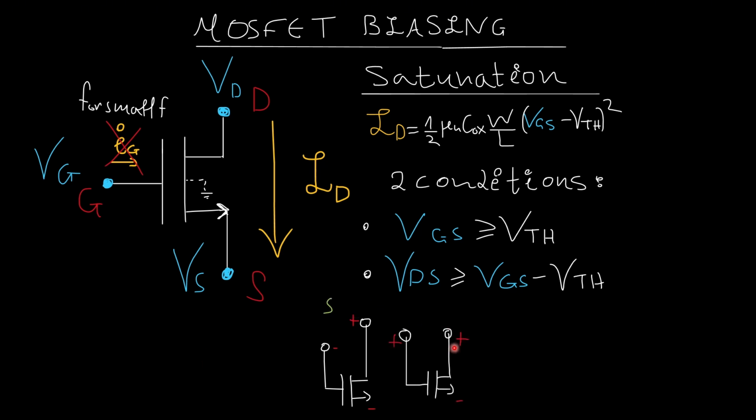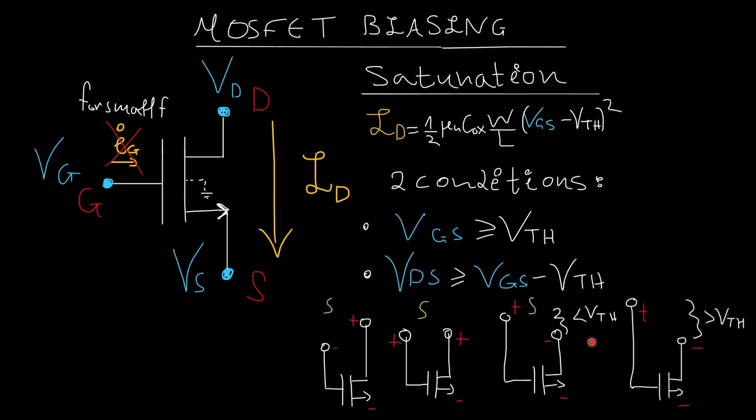If the drain voltage and the source voltage would be the same, again, we would still be in the saturation region. If the gate voltage was higher than the source voltage, but not as high as VTH, we would still be in the saturation region. Again, this is a difference with the bipolar junction transistor.